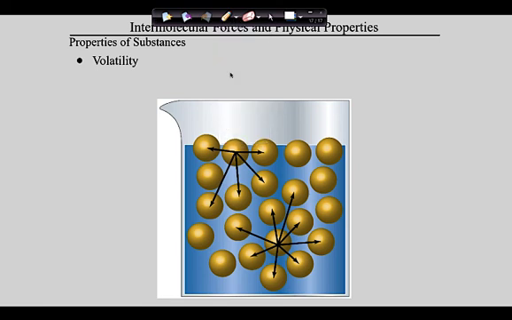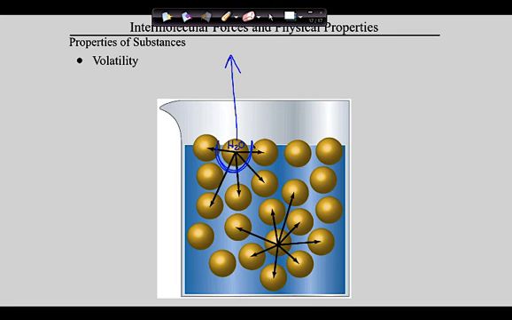What we've got here is a beaker full of water, and these gold balls represent any molecule. For now, we'll say that these represent water molecules, so each one is an H2O molecule. In order for this to evaporate, these molecules have got to be able to break free and jump out of the beaker. The thing that's keeping them from breaking free are these forces of attraction, represented by these arrows.